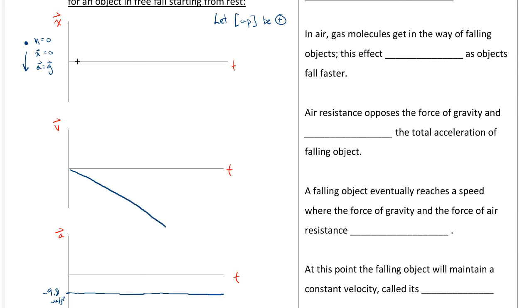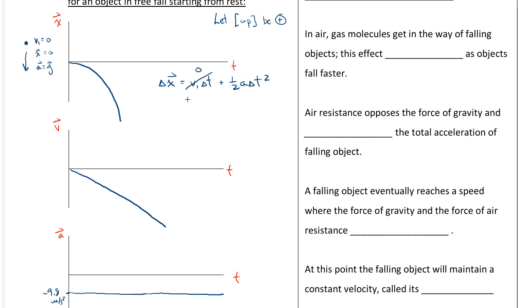Moving up one to our position time graph. Our position time graph is going to look like a downwards facing parabola, like this, also starting from an initial position of 0. If you take a look at this equation, which was one of our 5 equations for constant acceleration, then you can see why that's the case.